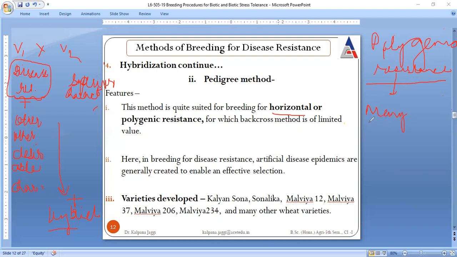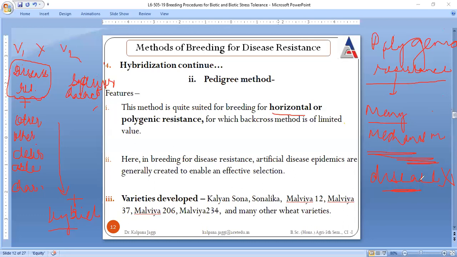Earlier the plant was operating by only one mechanism, and that one mechanism was active against a single genotype only. But here it is acting by many mechanisms. And very important, these mechanisms are not concerned with the disease. Initially they were concerned with the disease, but now they are no more concerned with the disease, right?